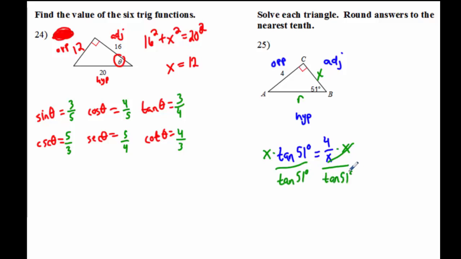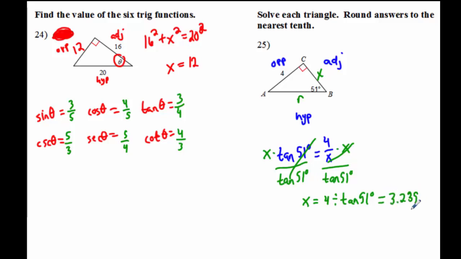So I was grading homework that was turned in yesterday, and a bunch of people just timesed by 4. That's not how that works. If the 4 is on top, I need to do 4 divided by tangent 51, which gives me 3.24 or 3.239.